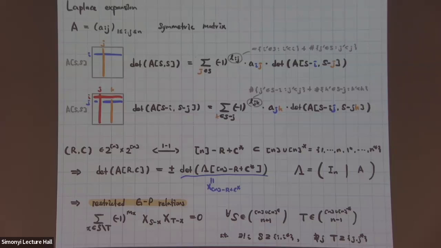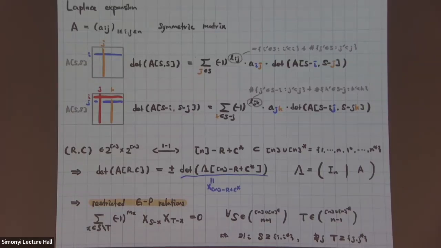And not only this, you can also find certain good quadratic relations by considering the Laplace expansion for symmetric matrices, which only concerns the principal minors and almost principal minors. If you consider the Laplace expansion fixing the ith row, then everything on the right-hand side is either a principal minor or an almost principal minor.